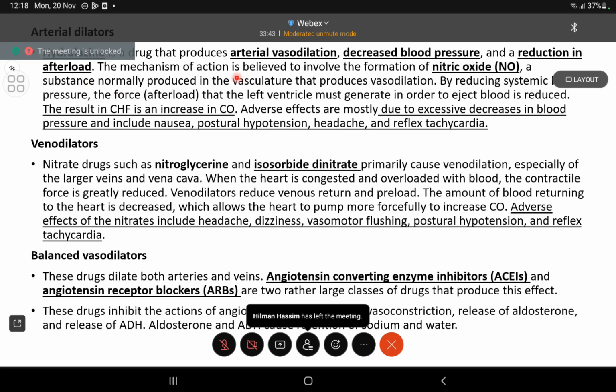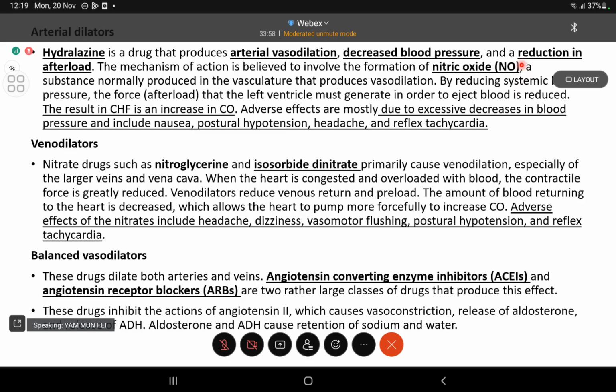Okay, studies found that hydralazine may be involved in the nitric oxide pathway. Nitric oxide is only produced in the endothelium layer. When your blood vessel does not have an endothelium layer, no matter how you activate it, it will not produce nitric oxide.